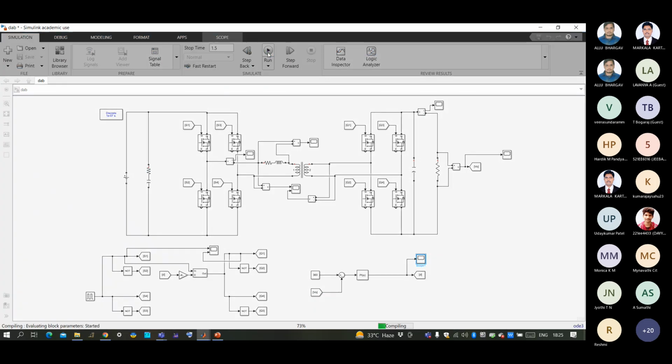And running the model. Now we can see the output voltage here.